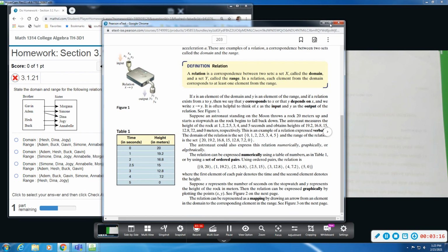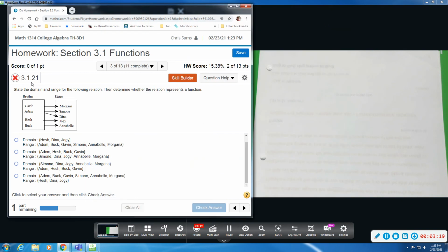Now, here and in general, we have X on the left, Y on the right, alphabetical order. So X would be my domain, Y is my range, and we want to match these together. The brothers, Gavin, Adam, Heath, and Buck, that will be my domain.